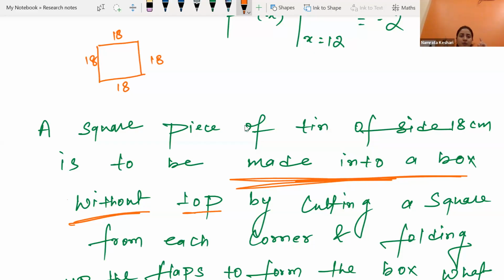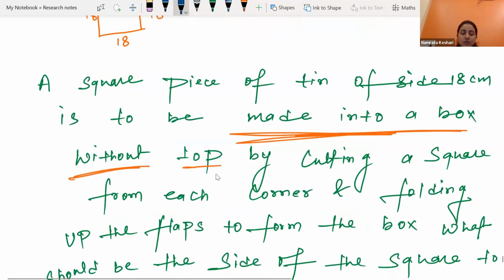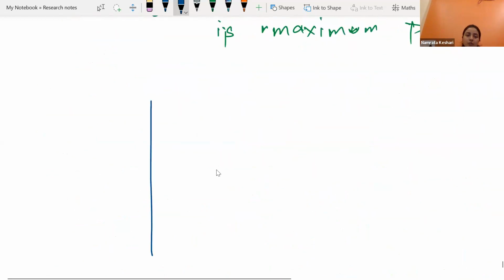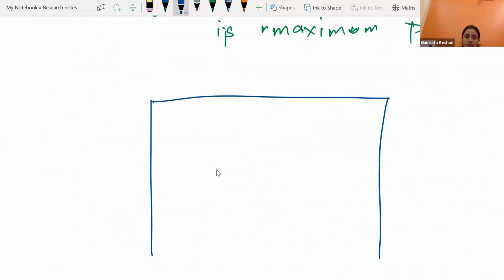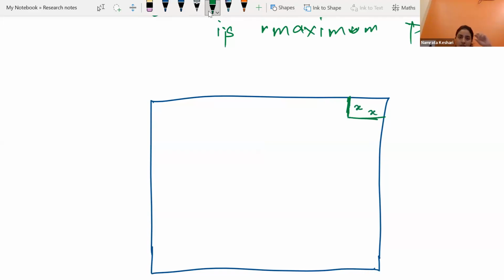Is it making sense to you? You are having a paper, and you are cutting a square from each of the ends like this. Maybe from here a square shape you are cutting, maintaining x and x as a thickness.